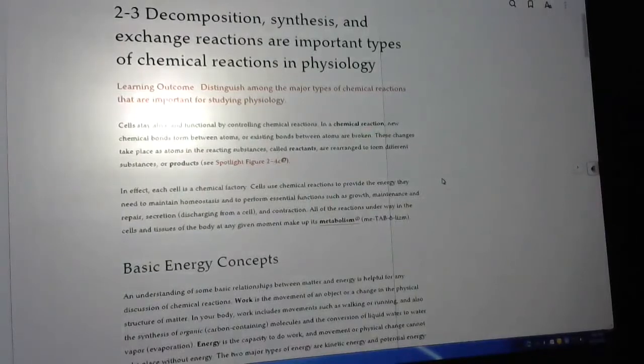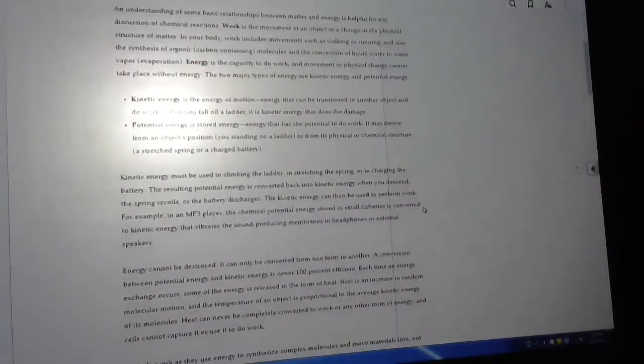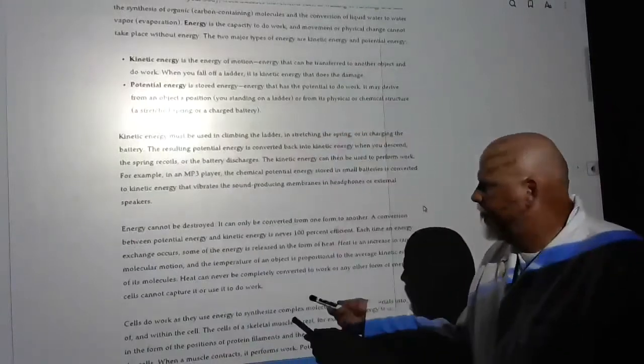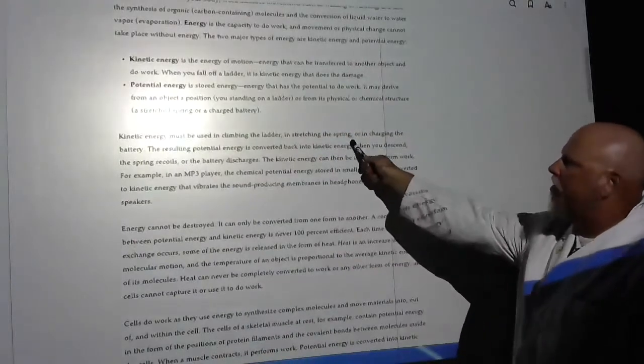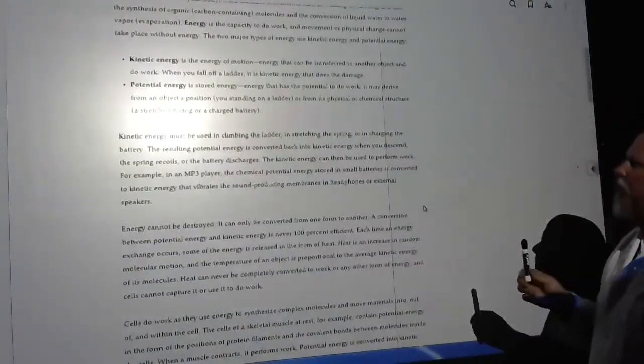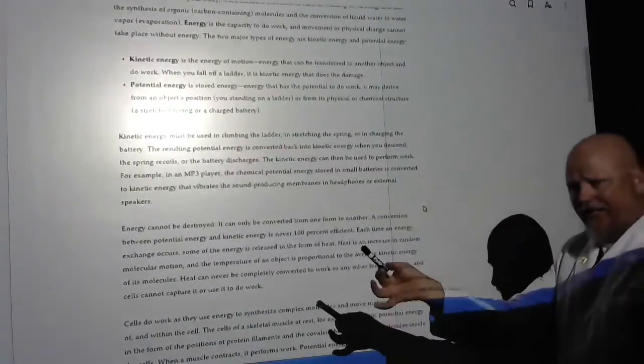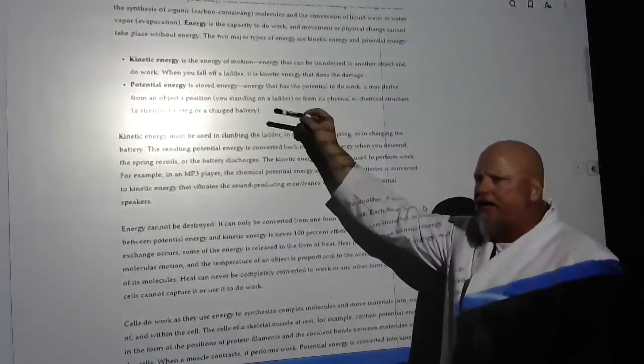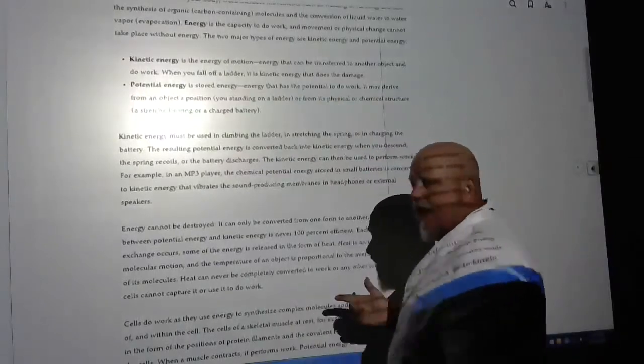There are two types of energy we need to discuss: kinetic and potential energy. Kinetic energy is the energy used to climb a ladder, or taking this can and lifting it up in the air. I've stored the energy now in this can, and when I release it, I let it go.